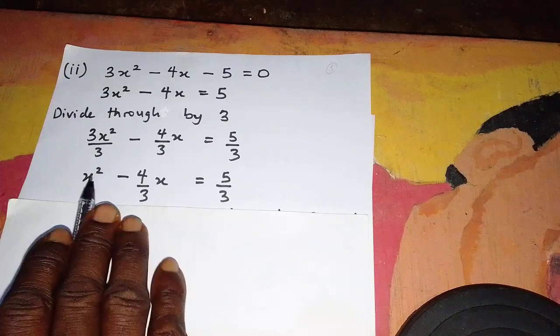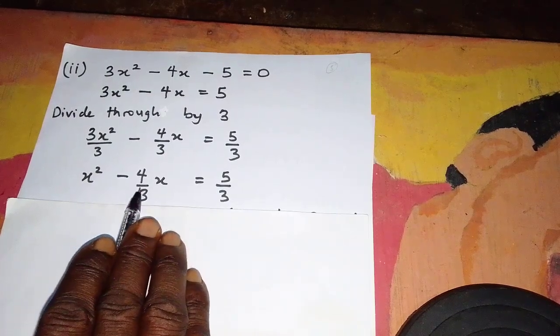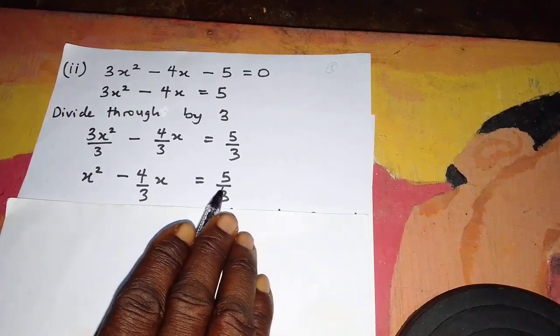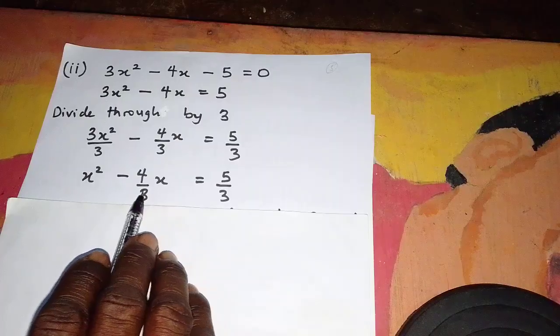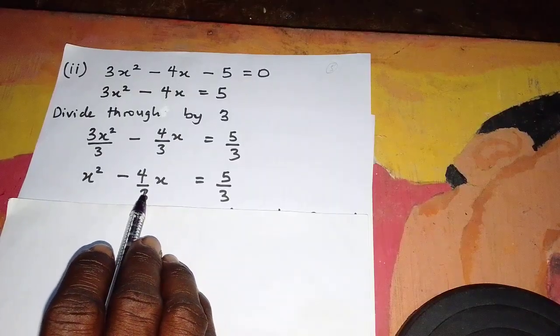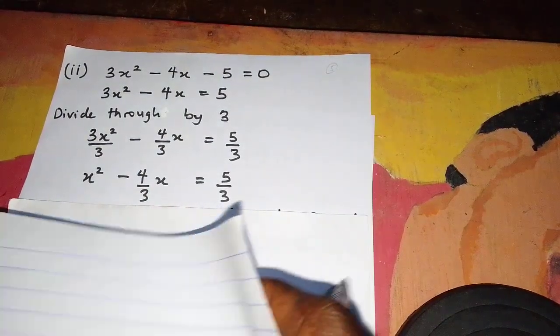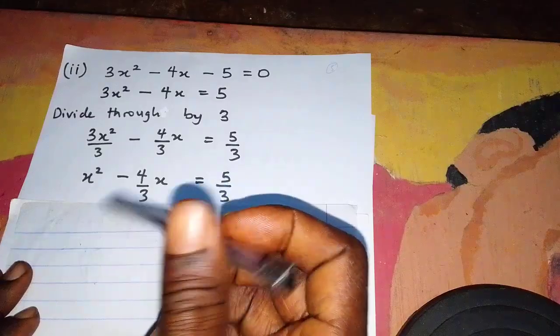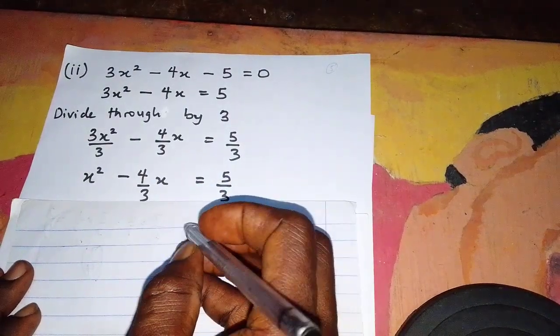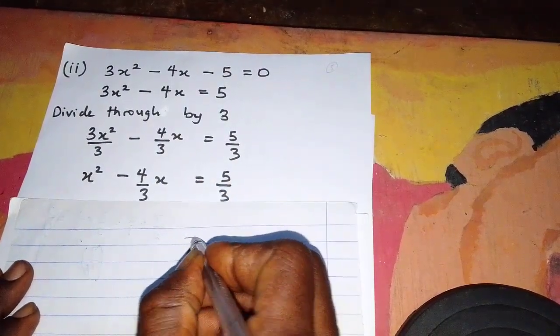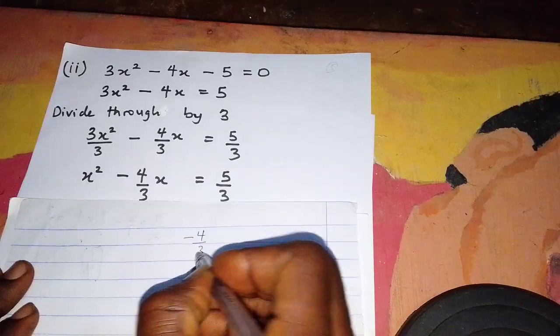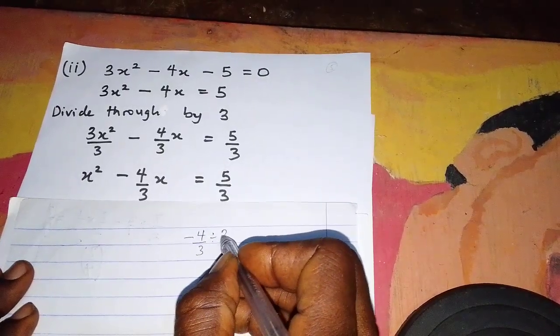So that means you now have x squared minus 4 over 3x is equal to 5 over 3. So from here, you are going to divide the coefficient of x by 2. Here, the coefficient of x is minus 4 over 3. Divide it by 2.